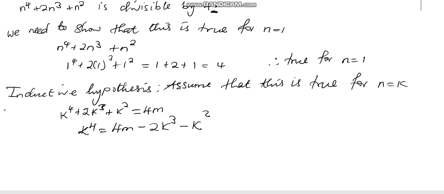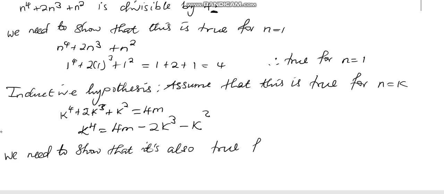Then after this we go to the third step, where we need to show that the inductive hypothesis is equally true for n equals k plus 1. So we say we need to show that it's also true for n equals k plus 1.